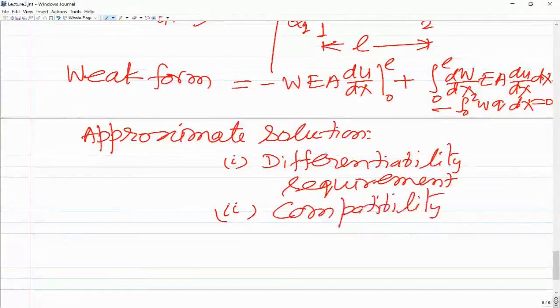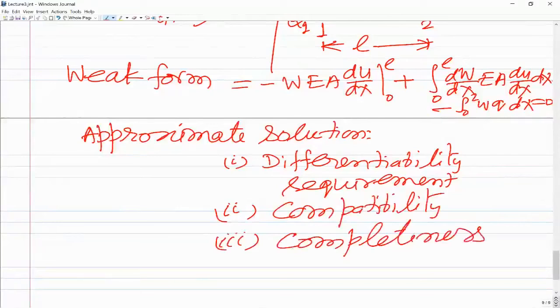And the third consideration we give to choose the approximate solution is completeness. Whatever approximate solution we choose, it should be a complete polynomial up to whatever highest order we are choosing. So these are the three considerations we give when we choose the approximate solution within an element.